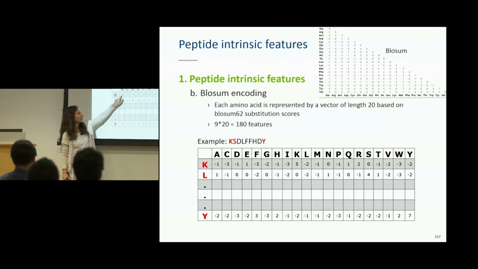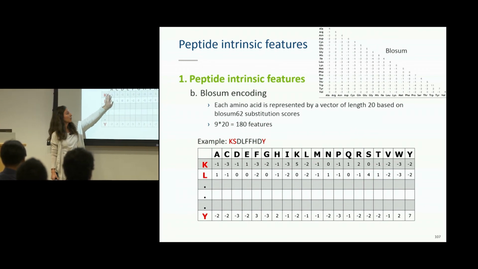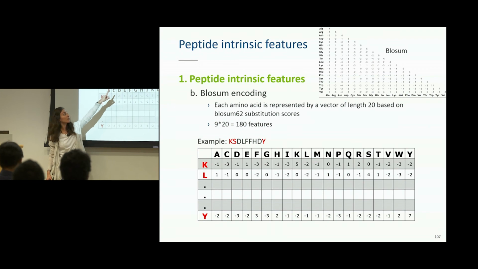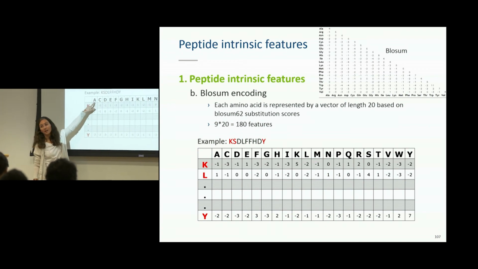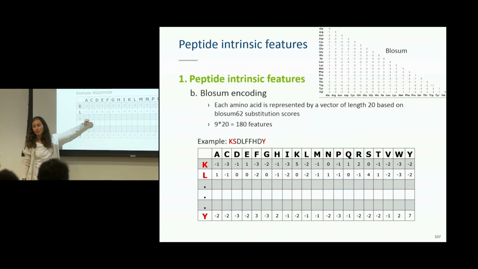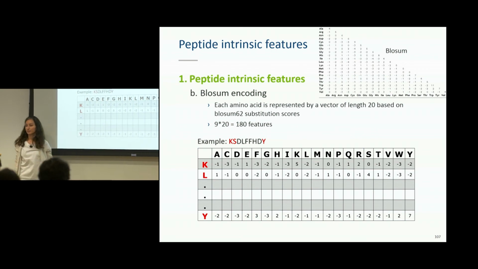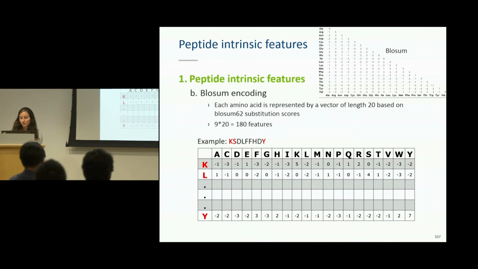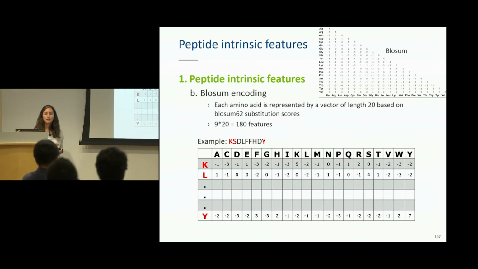Here, instead of just having a binary 0, 1, we would go to our similarity matrix and say, what is the similarity score between K and L? And this will be this number. You do that for all 20. And the third one is derived from a similarity matrix, like a 20 by 20 residue similarity matrix, that's HLA binding data specific. Okay.